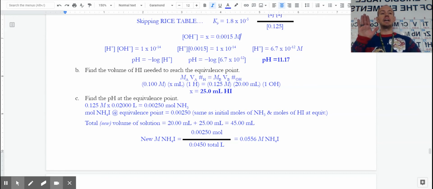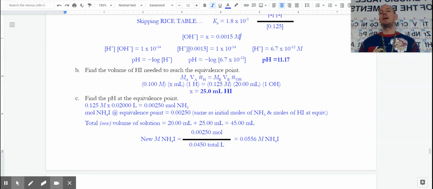Our limiting and excess are changing places, or they're equivalent to one another. So that tells me how many moles of products I have made. I have made that many moles of water, and we often ignore the water. Technically, that's going to make the problem way harder if we account for the moles of water and its volume and all of that. So we get to ignore that in AP, but then that's the moles of salt.